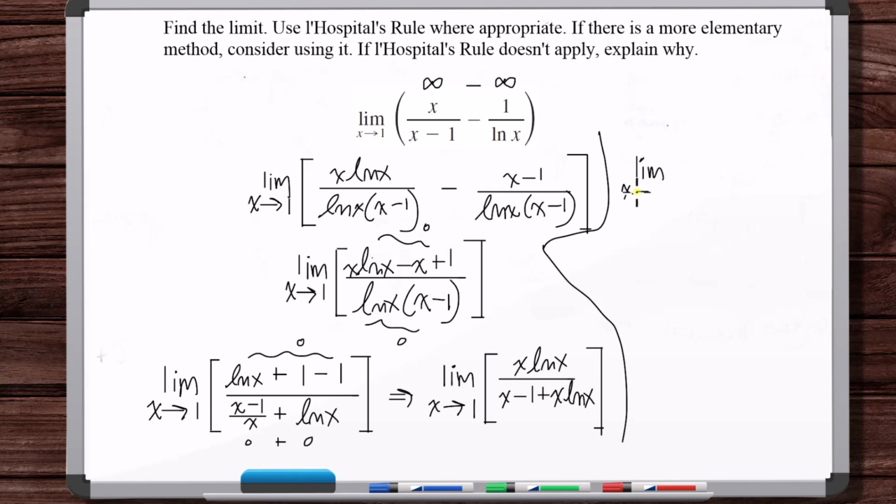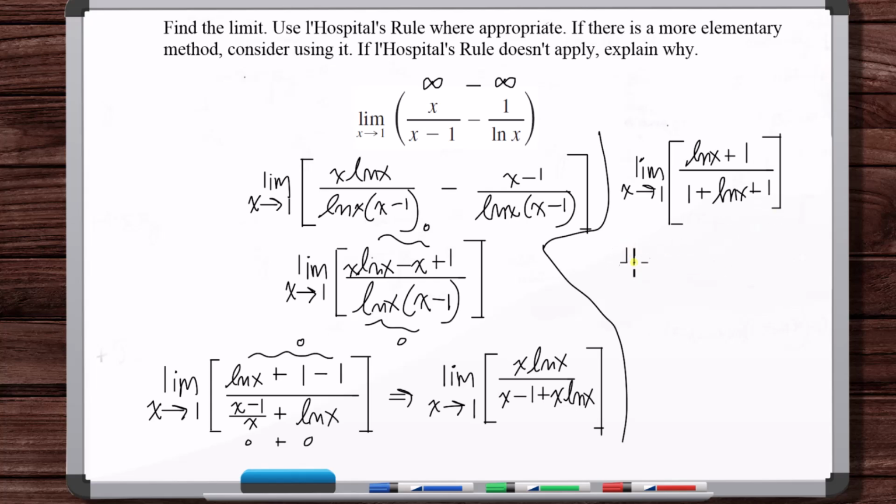Limit as x approaches 1. Okay, derivative of the first times the second, plus derivative of the second times the first. Okay. Now the derivative of the bottom, 1 minus, or no, 1 plus, and then again, natural log of x plus 1.